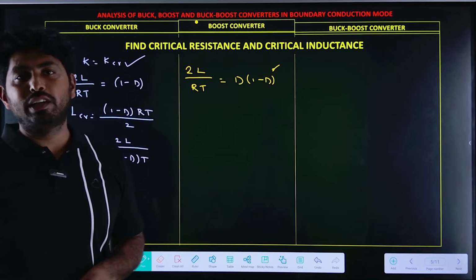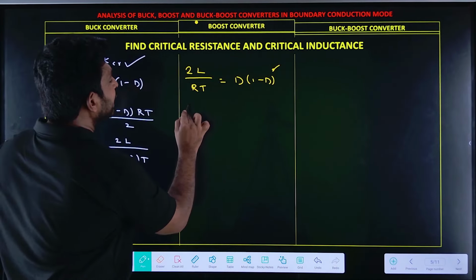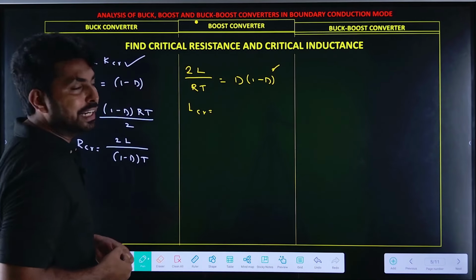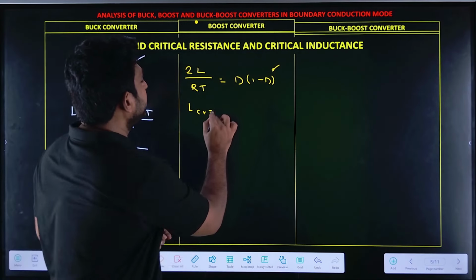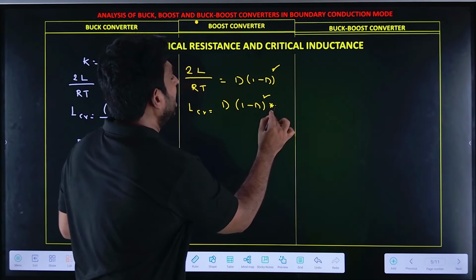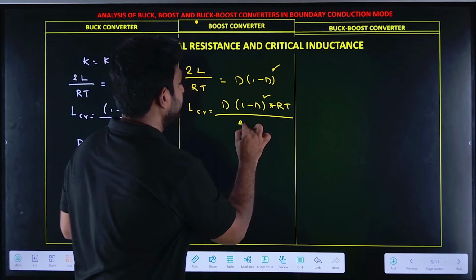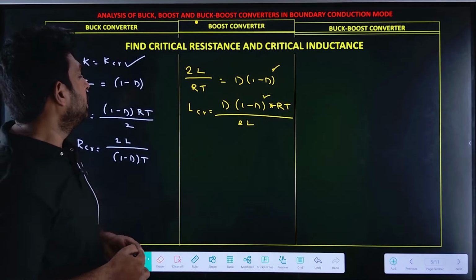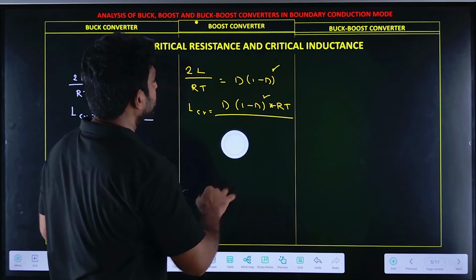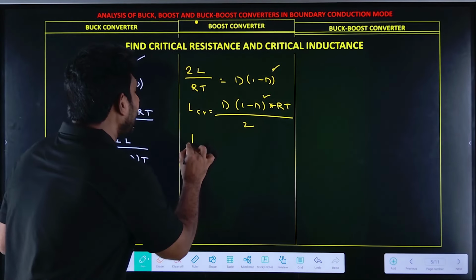From this, L critical equals RT into D into (1 minus D) whole square divided by 2. Similarly, find the R critical value.